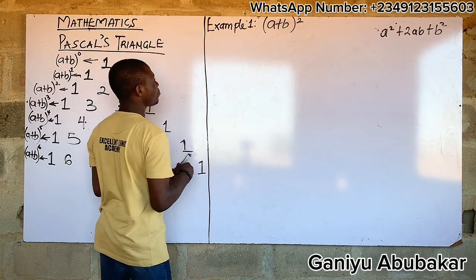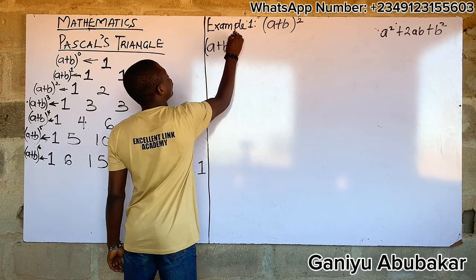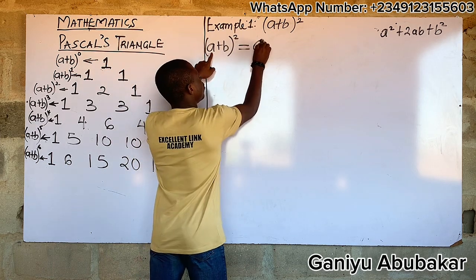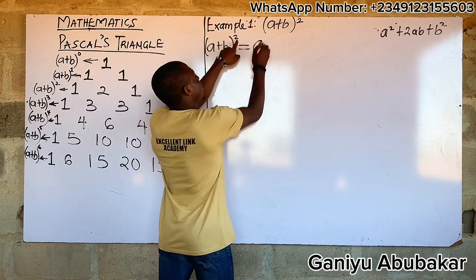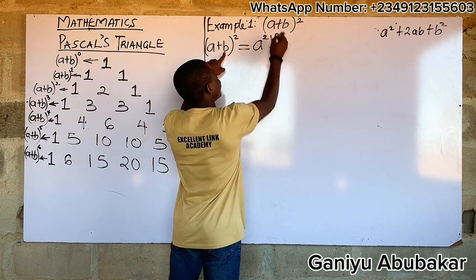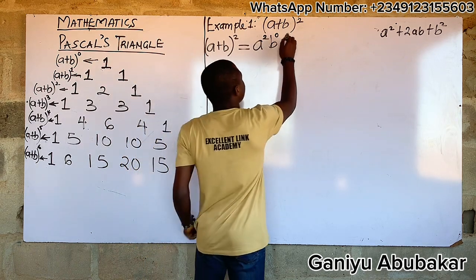Let's do this. I'm told to expand (a + b) all squared. This is equal to: pick out the first term a such that it carries all the power, that's squared. The second term b is left with nothing. That's my first task. Since this is plus, I'll have a plus sign here.